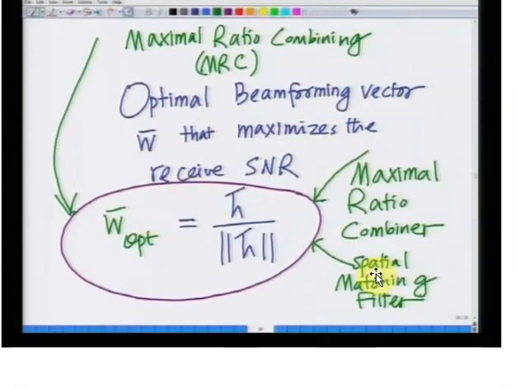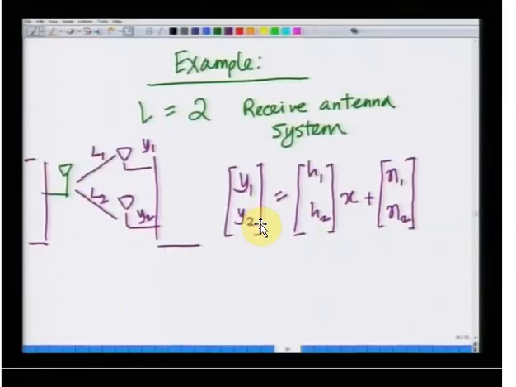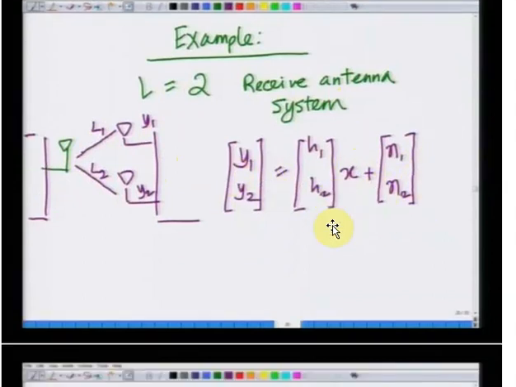This is also called a spatial matching filter. An example is given here for an L equal to 2 receive antenna system. Y1 and Y2 would be the received copies of one same transmitted symbol X through links L1 and L2. The input-output equation in vectorial form is shown here.